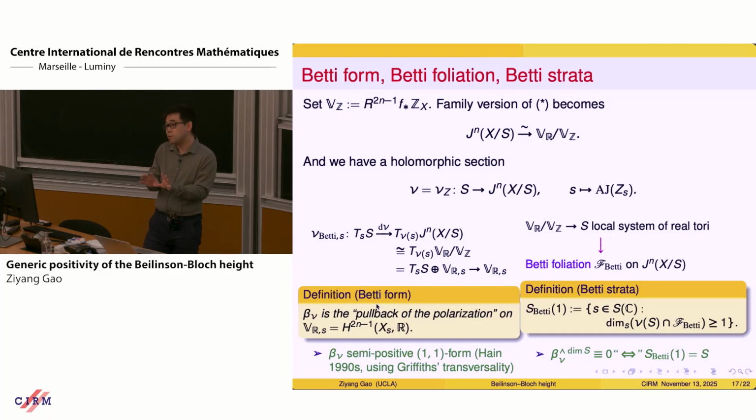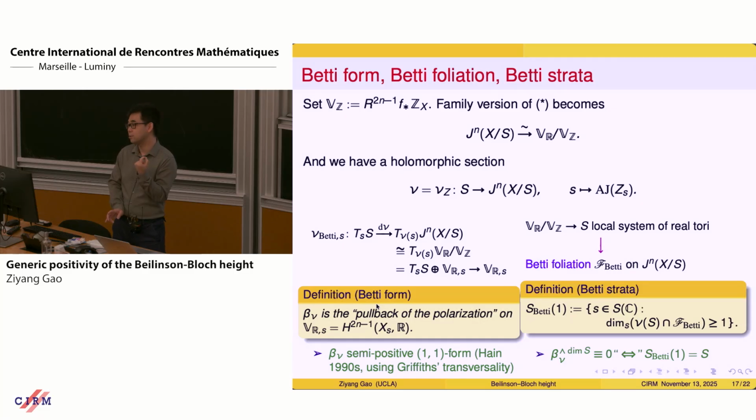The proof itself is not very complicated, but there's one very important thing behind it, which is the so-called Griffiths transversality. Even though this is not an abelian variety, when you pull back to S, it's still semi-positive. It's very important that you pull back to S. So this is still a semi-positive (1,1)-form.